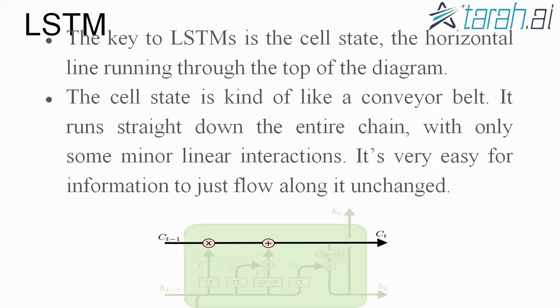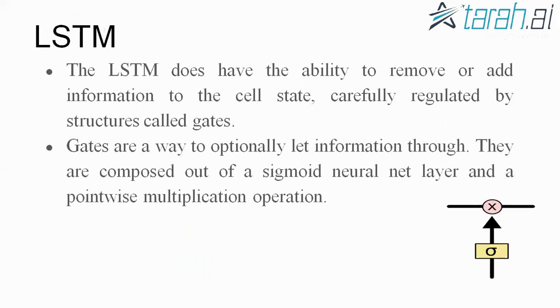So if you see, the cell state is CT minus 1 here, it goes to cell state CT, which goes through the 2 operators, which are AND and OR. LSTM does have the ability to remove or add information to the cell state, which is controlled by the gates.